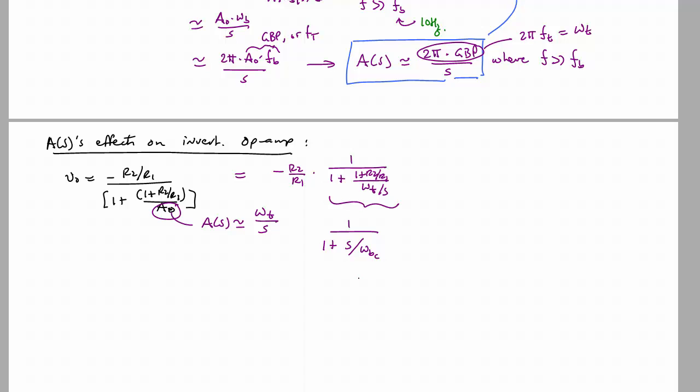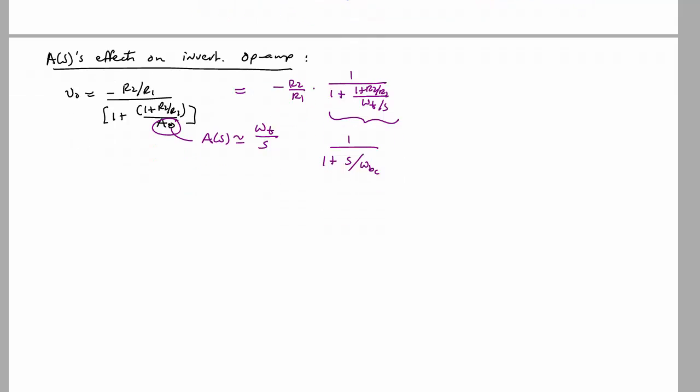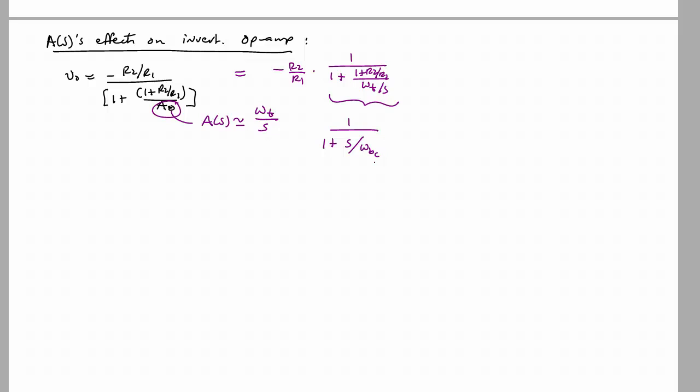Remember, when we did the open loop gain, we had FB or omega b, that's the break frequency. That was for open loop. Now we're going to see that we have a break frequency, but it's closed loop, so I put a C. This is where we find that omega BC is omega t, which is 2 pi gain bandwidth product divided by 1 plus R2 over R1.